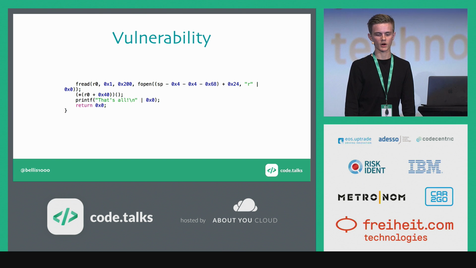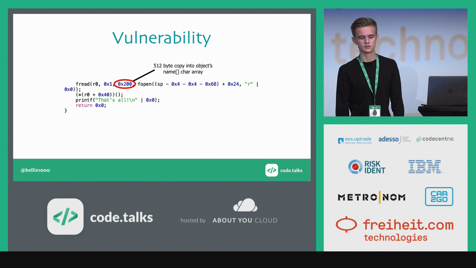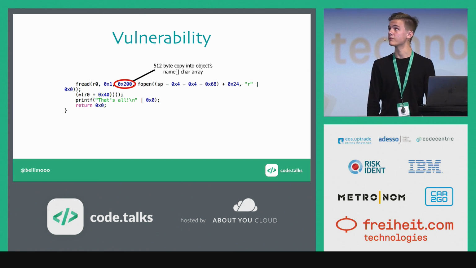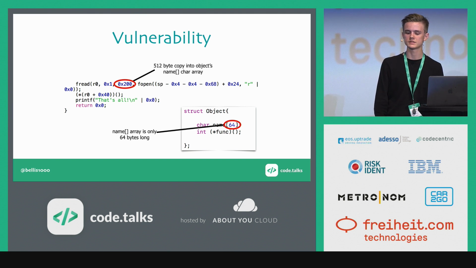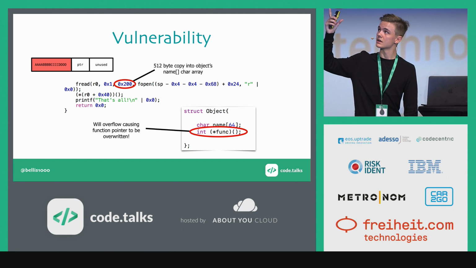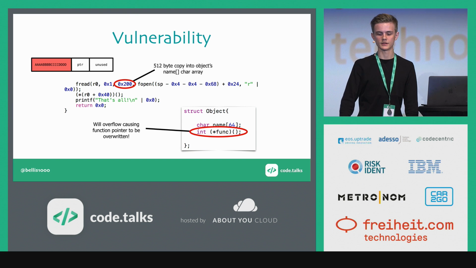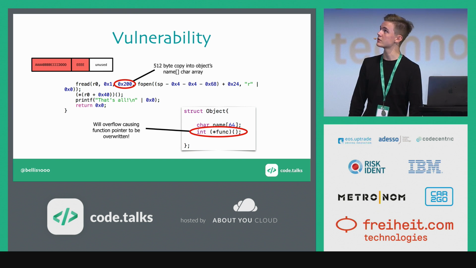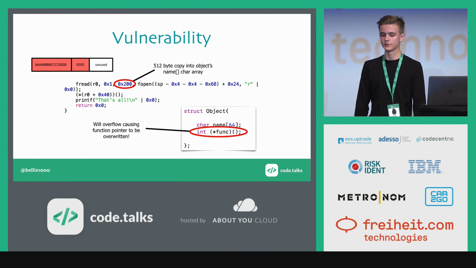That would be right, because here's a pseudocode snippet of the vulnerable part. This call to fread is reading 512 bytes from the file, but it's trying to store it into a structure on the heap, a char array that's only got 64 bytes. So what's going to happen is, this is the data that will fit in the 64-byte buffer, but any data that goes over that is going to overwrite the function pointer, because right after it we have a function pointer stored on the heap as well.